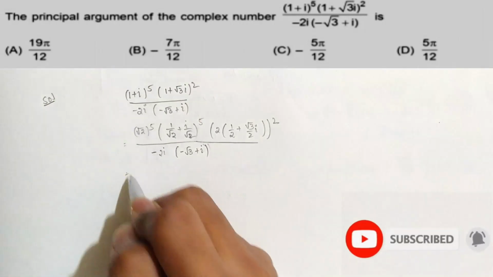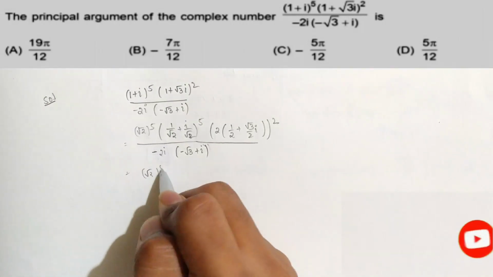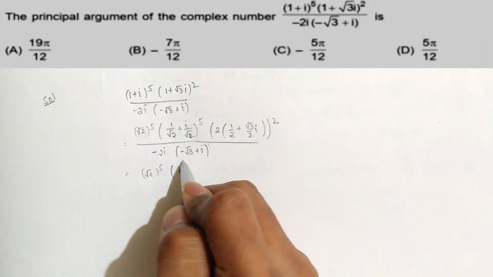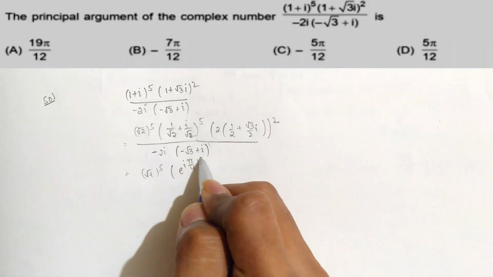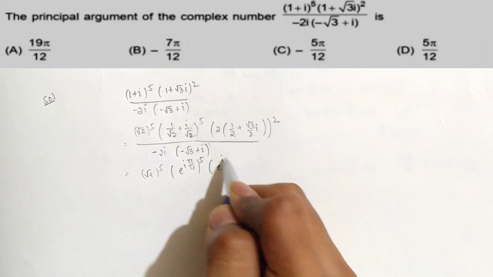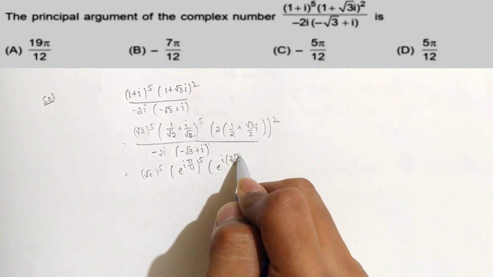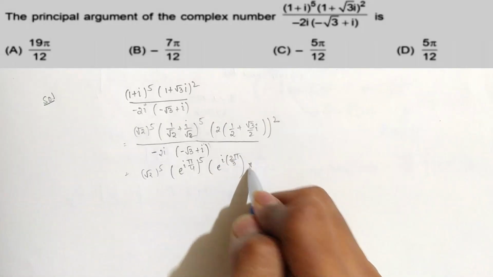This is equal to root 2 whole power 5 into e power i into pi by 4 whole power 5 into e power i into 2 pi by 3 into 2 square.